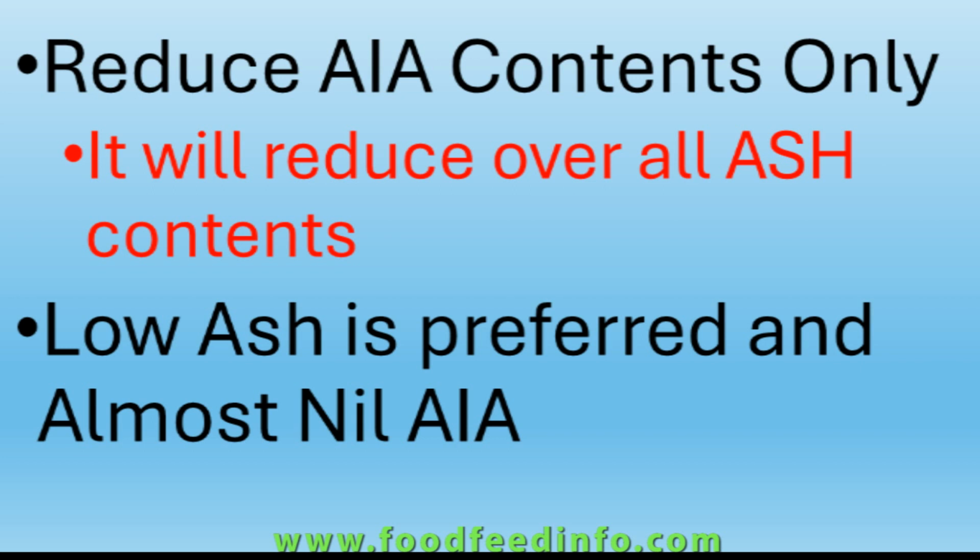Like simply the mixing of stone in pulses or in different grains, that is sometimes intentionally mixed, and sometimes they are mixed while they are drying the stuff on the ground. So ash is a good indicator of the quality of the stuff.